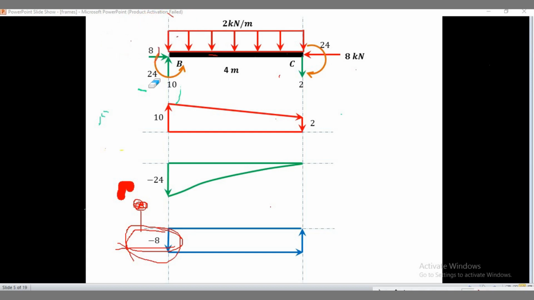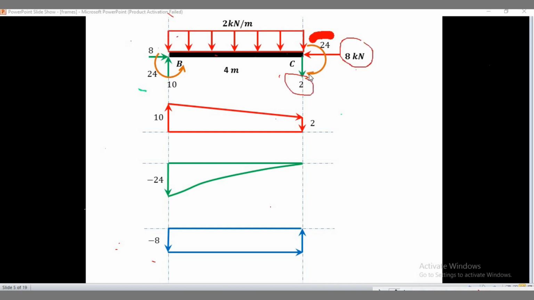Okay. Ito yung na-solve na natin kanina. Okay. So, sa member BC, meron tayong internal loadings kay member C na 24 at saka 8 at saka 2. Ito yung na-solve natin kanina. So, if I'm going to draw the shear diagram, it looks like this one. Pataas si 10. Walang problema kasi yung orientation niya parang dun sa may beam.